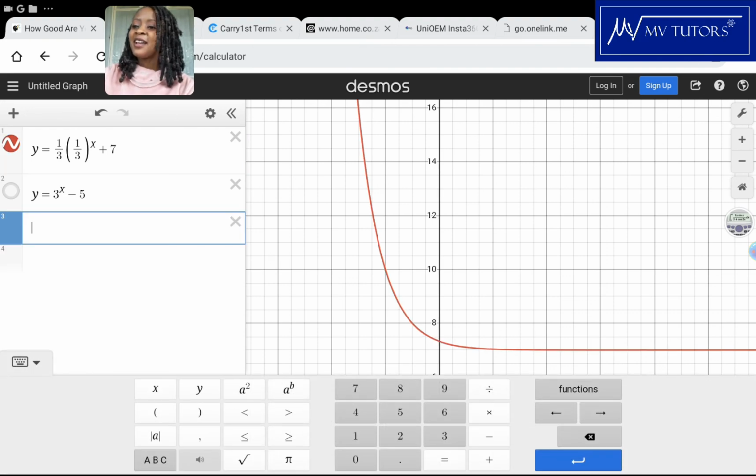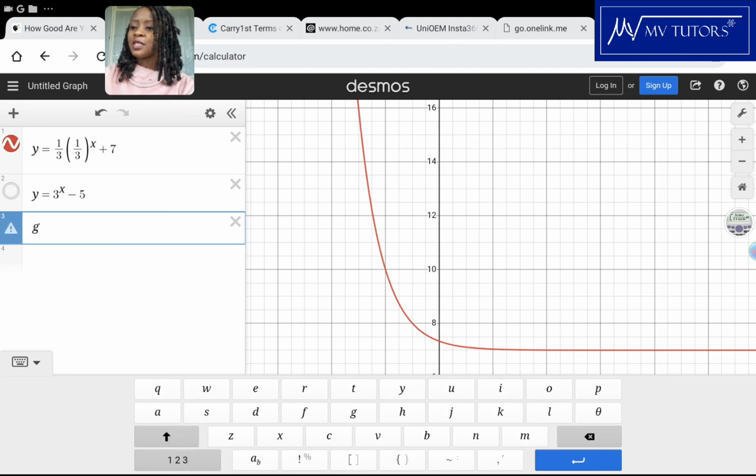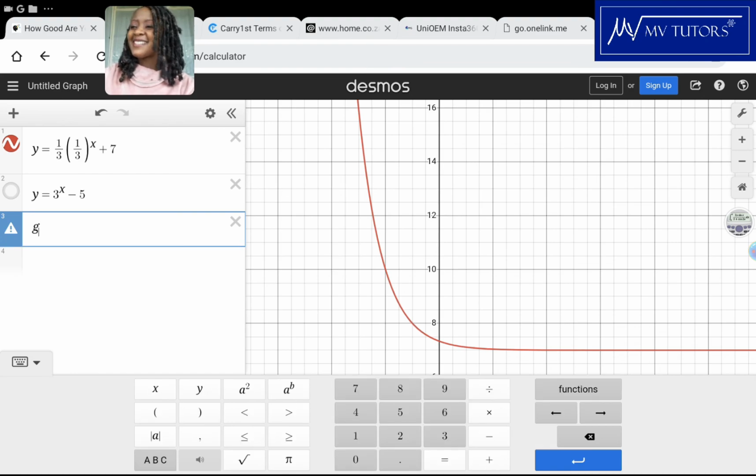You can have y is equal, or rather you could say g of x if you really want to. Now how do I go back? Snap. Yes, there you are.